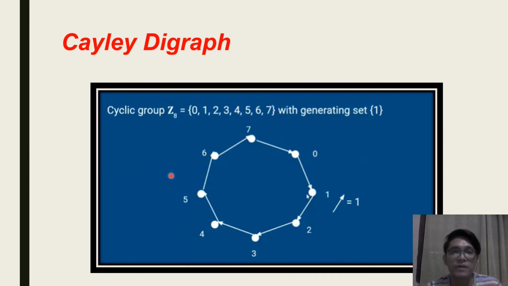We have a vertex for every element in the group, such as 0, and an arc from x to y for each pair x, y such that y is equal to x plus 1 by the definition. So 0 plus 1 would be 1. So the connection between 0 and 1 would be 1.